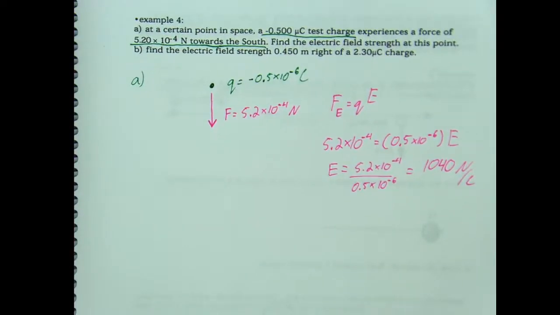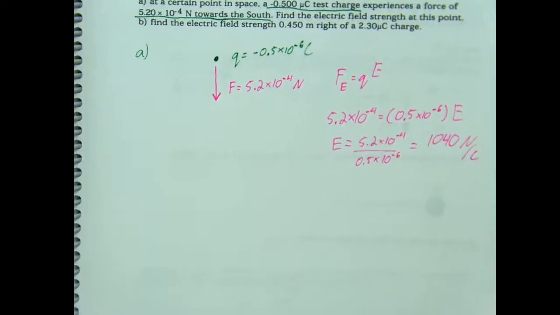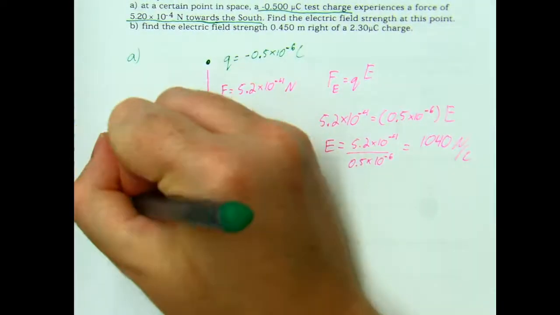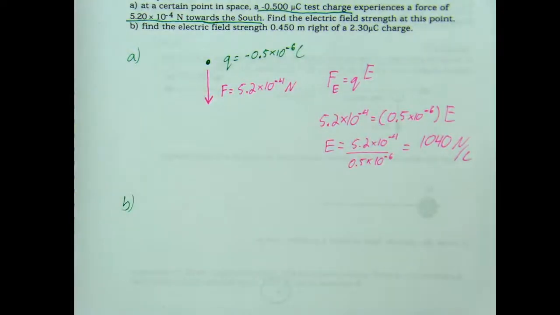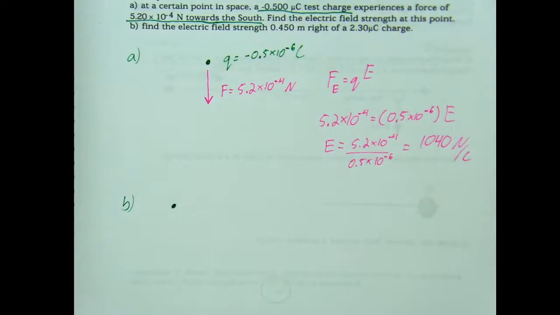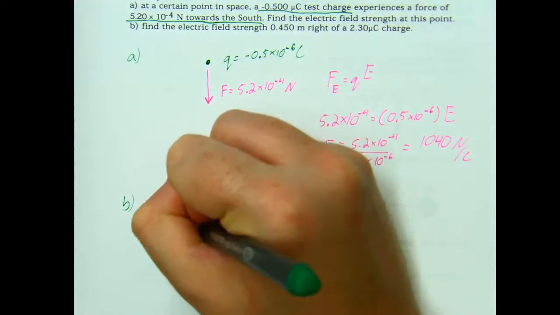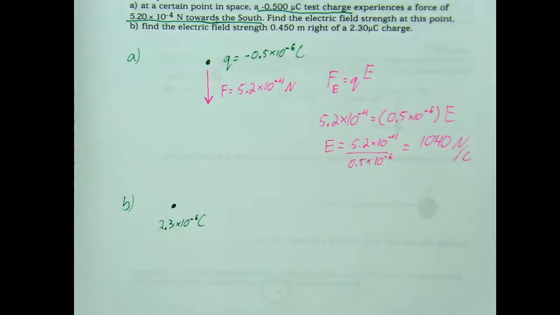Part B is find the electric field strength outside of a charge, and so let's do B. Basically, these two examples are just showing you the two different ways we can find electric field. So we've got a charged object that has a charge of 2.3 times 10 to the negative 6 coulombs.